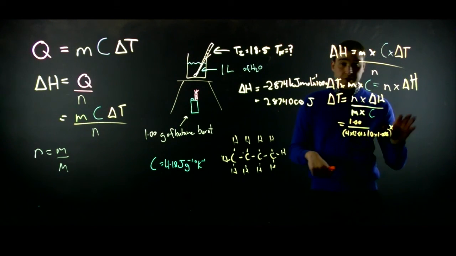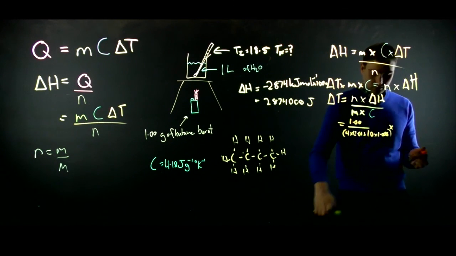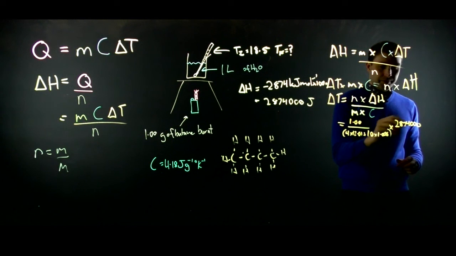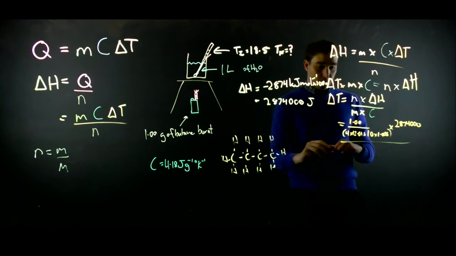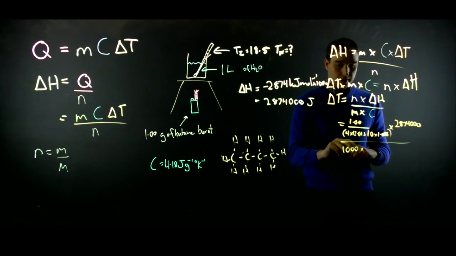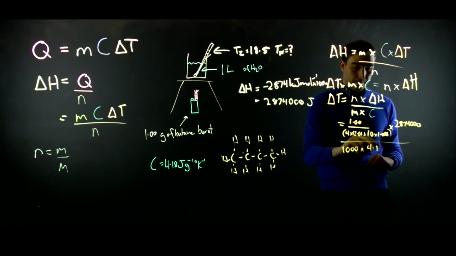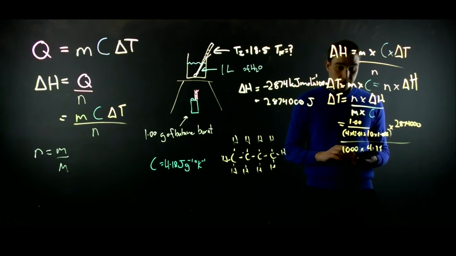Times the delta H value, we're using this 2874000. And all of that is divided by our mass of water. 1 litre of water is 1,000 grams of water, times my specific heat, which is 4.18 joules per gram per degree Celsius.